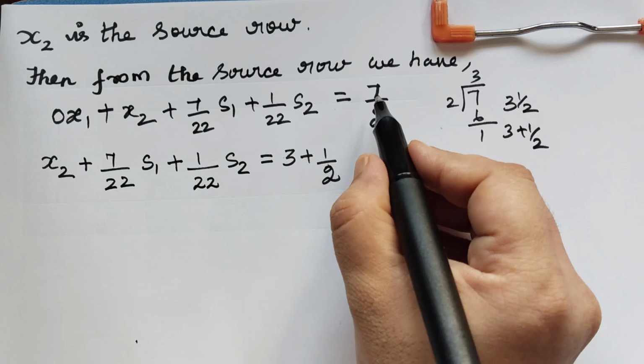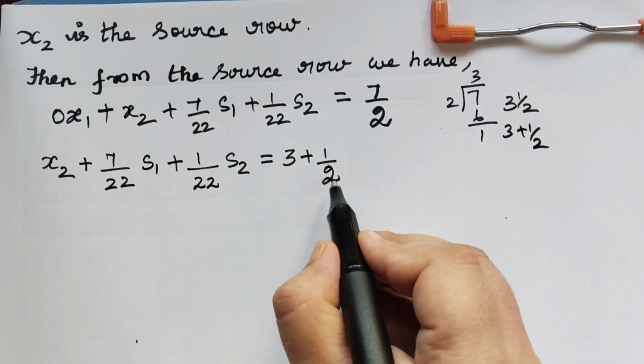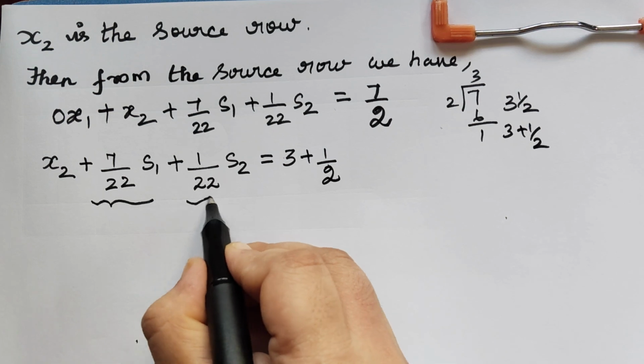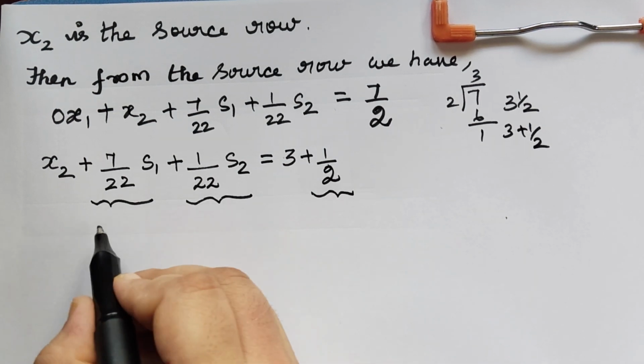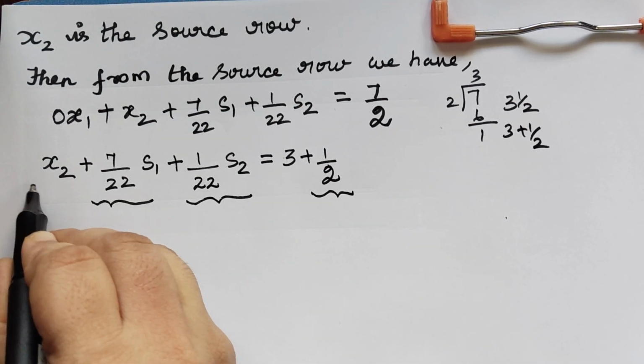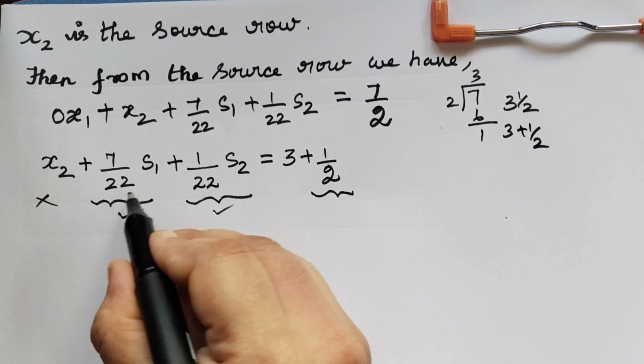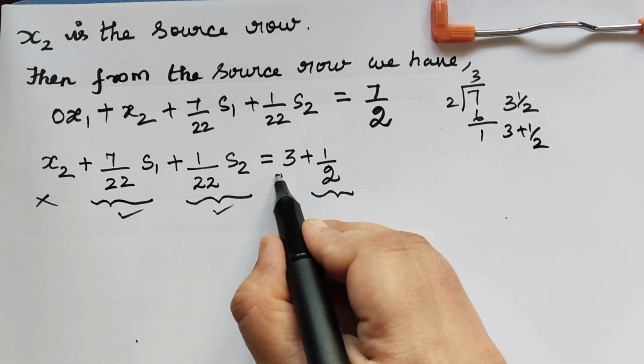Now we have split this into the integer part and the fractional part. Now consider only those which are fractions. On the left hand side, this is the integer part, because it is 1, so you leave it. Consider this because they are fractions, and on the right this part also you leave.